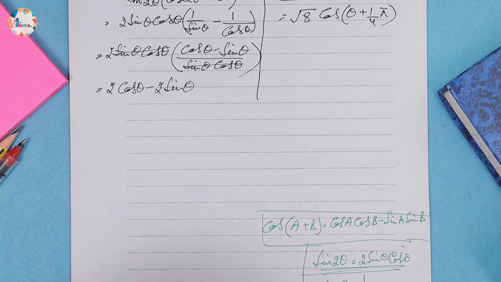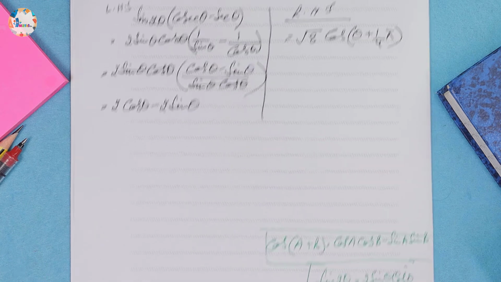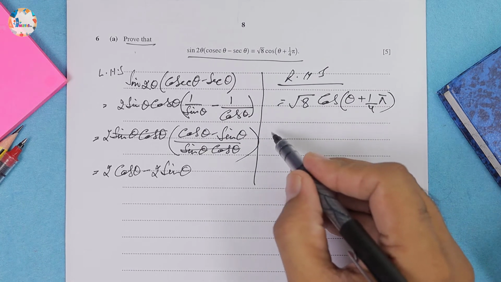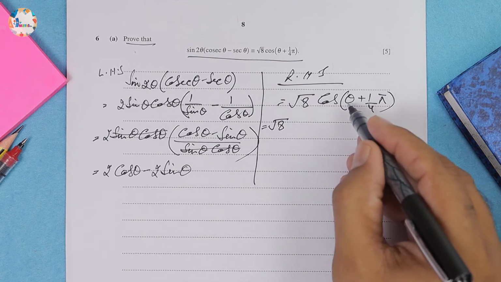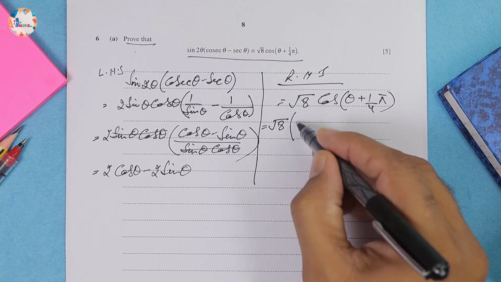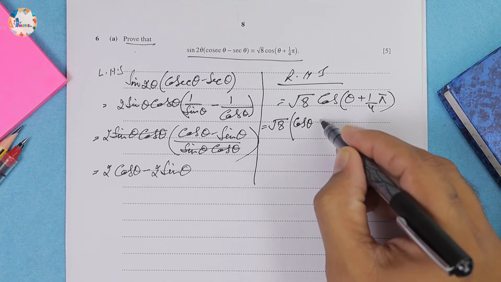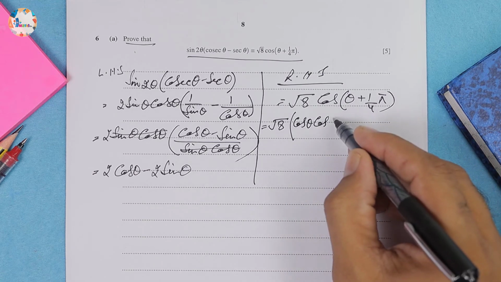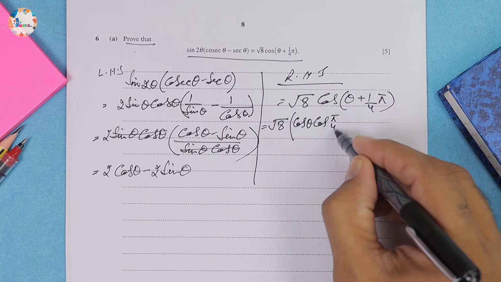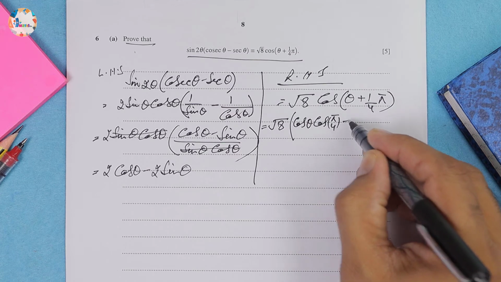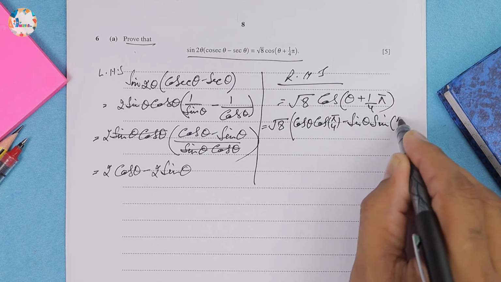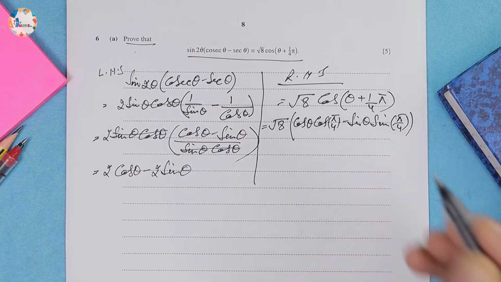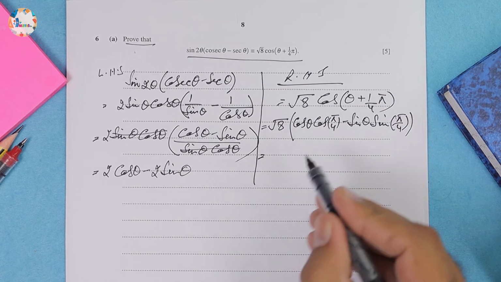When we apply this formula, this will become root 8 times cos of theta and cos of pi by 4, minus sin of theta and sin of pi by 4.